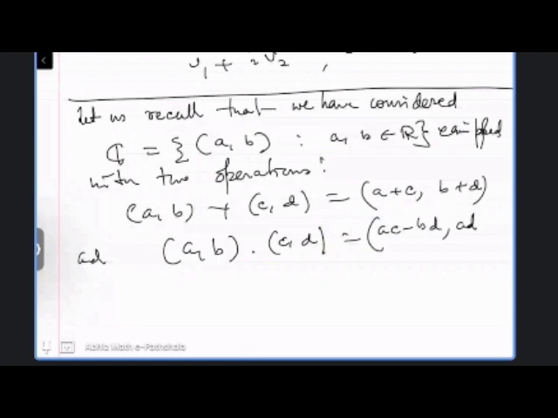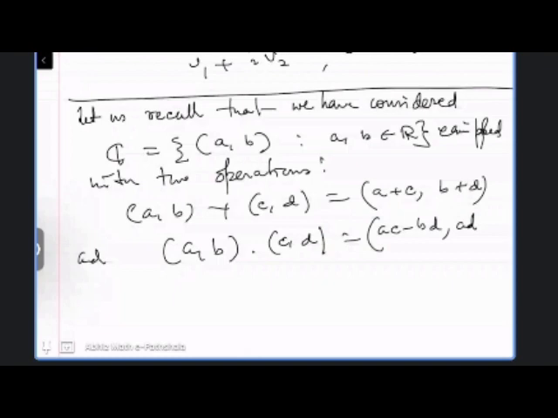But just look at the representation of any members of C. We have written I as the element 0 comma 1, right?